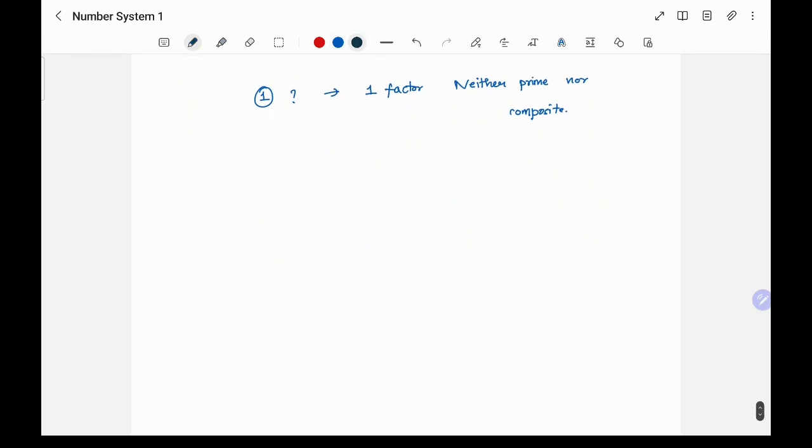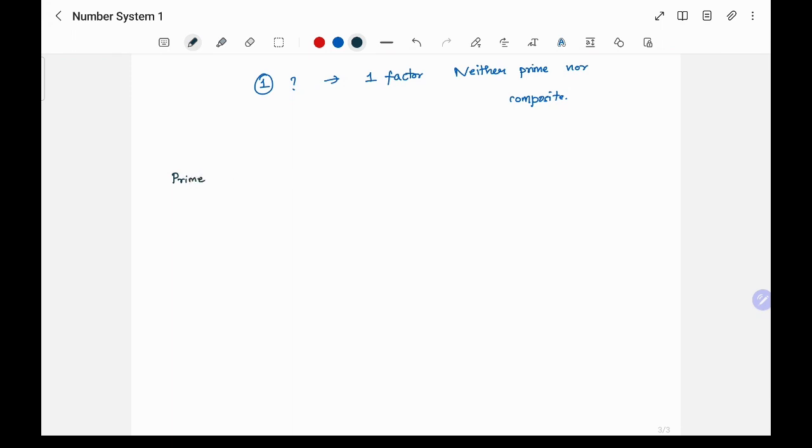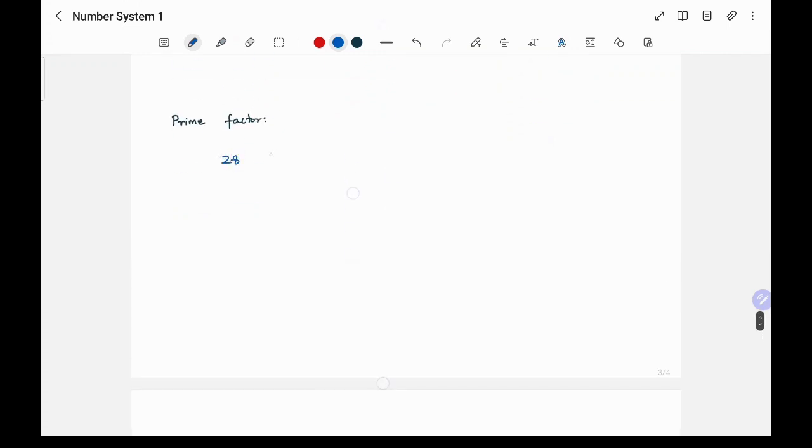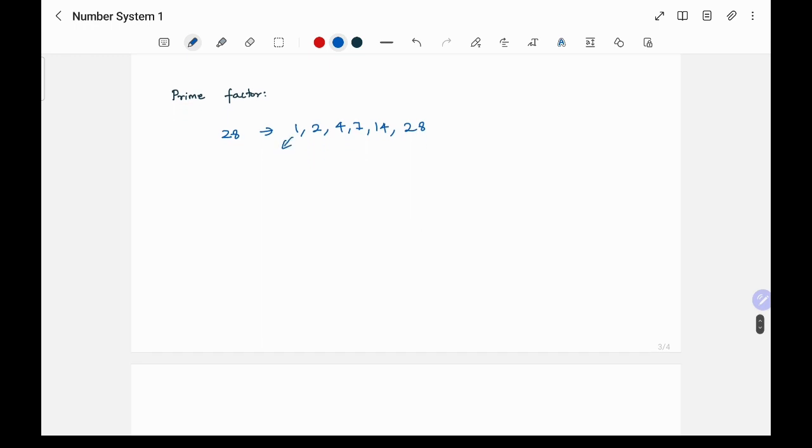So I just now introduced something called a prime factor. You may be wondering what it is. So let me explain it. Again, I'll take the example of the number 28. So we saw that the factors of this number are 1, 2, 4, 7, 14 and 28 itself. Now if you see, 1 is neither prime nor composite, 2 is a prime, 4 is a composite, 7 is a prime, 14 is a composite because it is divisible by 2, and 28 is again composite.